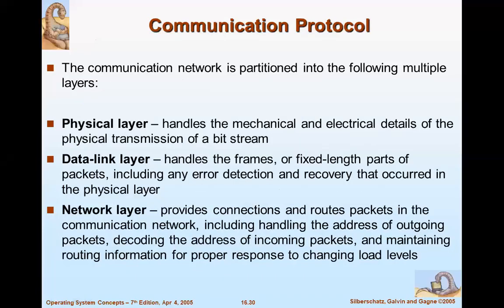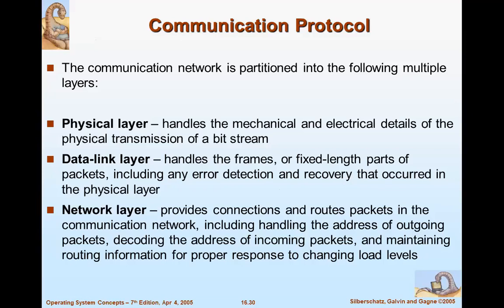Okay, next is the communication protocol. The communication network is organized into multiple layers. Look at this, we have a complete setup to establish connectivity between distributed systems. There are multiple layers belonging to the OSI model, and every layer is responsible for different types of activities.